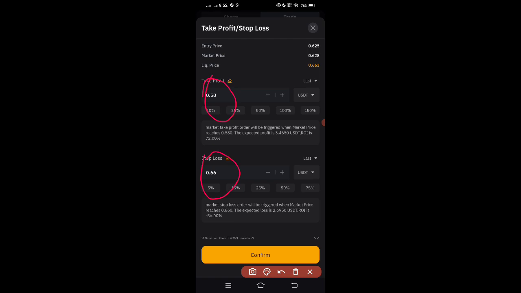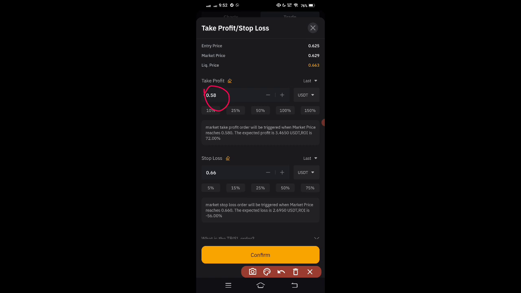Now the next thing is, once you approach a profit, the market has gone to 0.559 something, that is about to hit 0.58, and once it hits 0.58, it will trigger off and sell your market at this pending limit price.